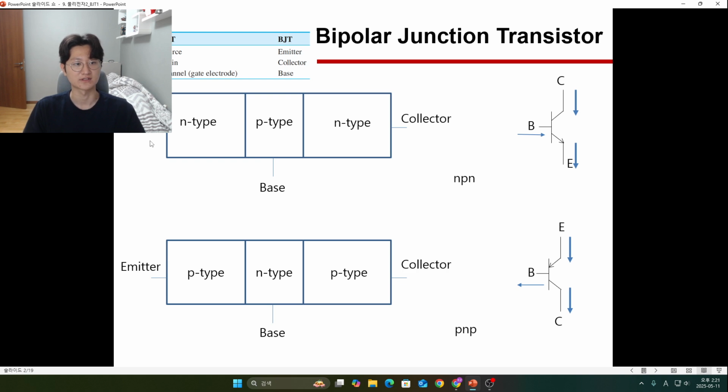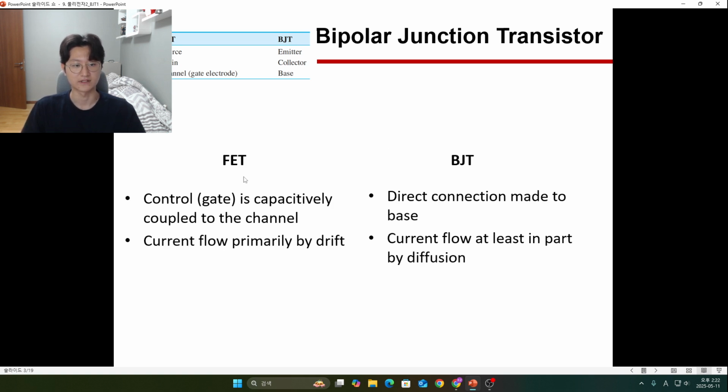The emitter acts like the source in a FET, field effect transistor, the base acts like the channel, and the collector acts like the drain of the FET. In a FET the control gate is capacitively coupled to the channel, while a BJT has a direct connection to flow so much current.